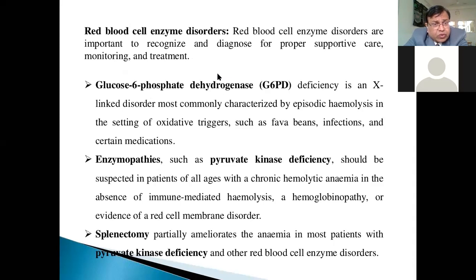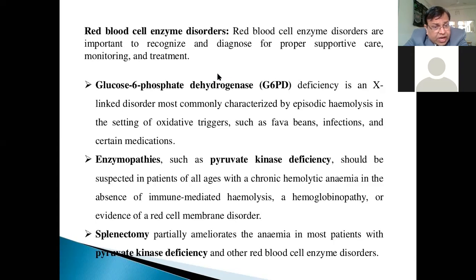Number one, glucose 6 phosphate dehydrogenase enzyme deficiency, an X-linked disorder, most commonly characterized by episodic hemolysis in the setting of oxidative triggers such as fava beans, infection, and certain medications, which affect the level as glucose 6 phosphate dehydrogenase concentration decreases.